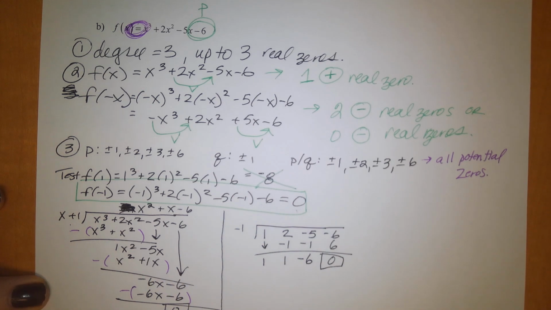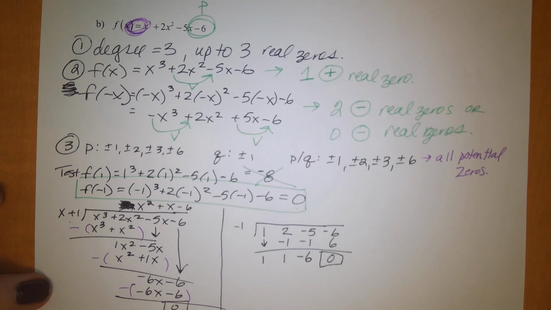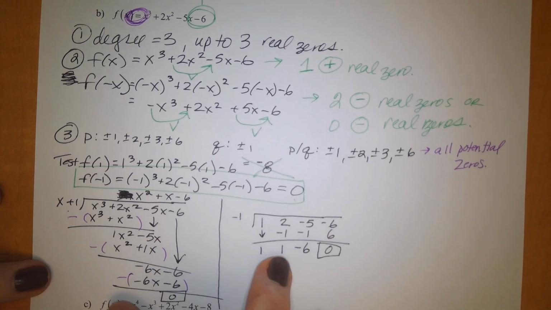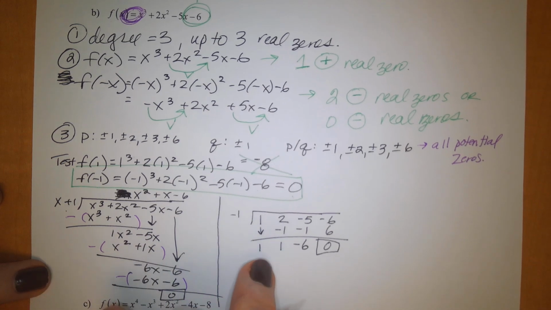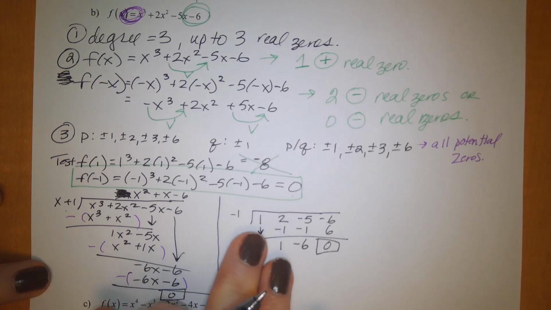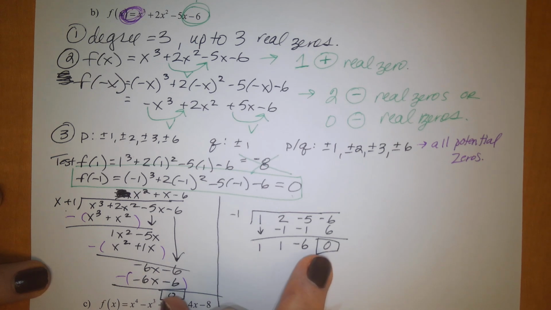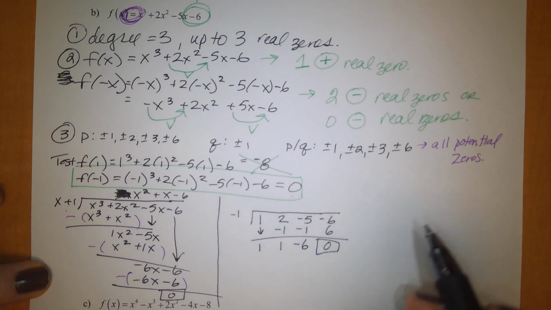So there's my remainder. So I've definitely proven you don't have to do both of these ways. Most of you are going to like the synthetic division much better because it's faster if you can pick up on it. I've already learned what the quotient will be after I divide out this factor.